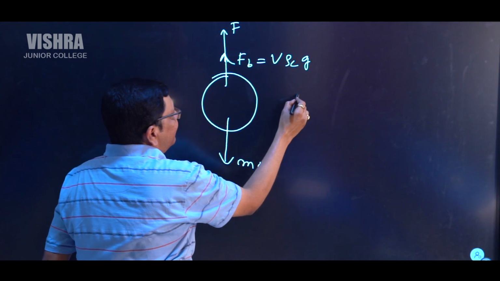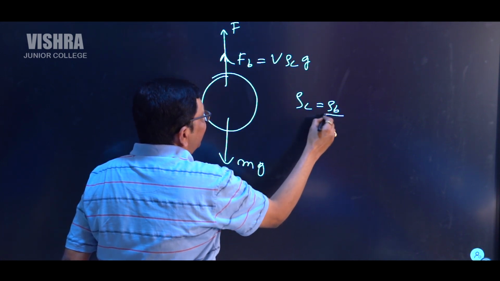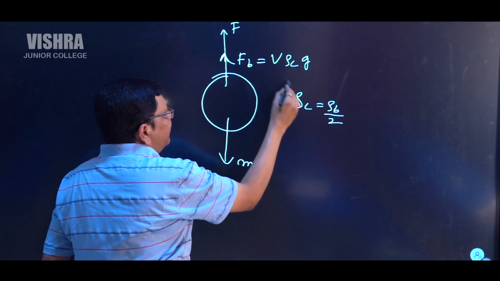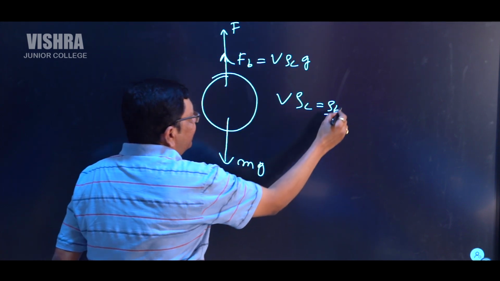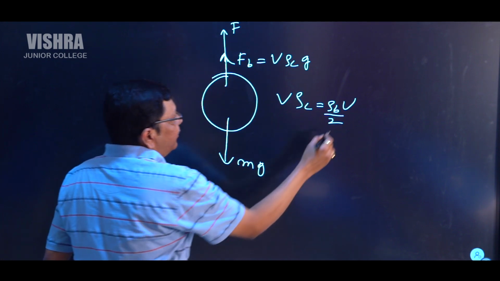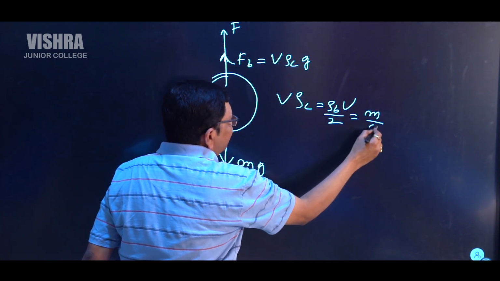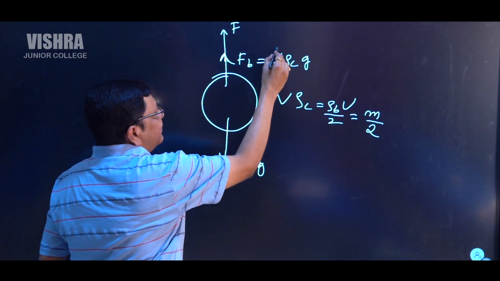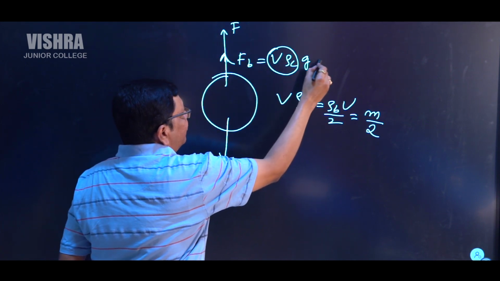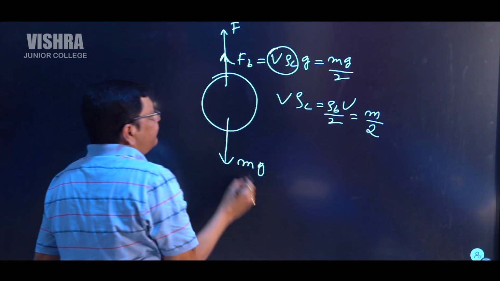Here the density of the liquid is the density of the body divided by 2. Then volume of the body times density of the liquid is volume times density of the body by 2. Density times volume is mass, so it is the mass of the body by 2, hence this term is m by 2. Hence the buoyancy force is mg by 2.